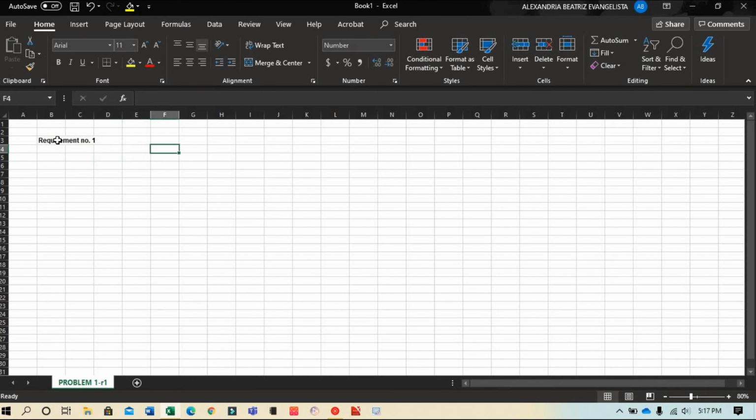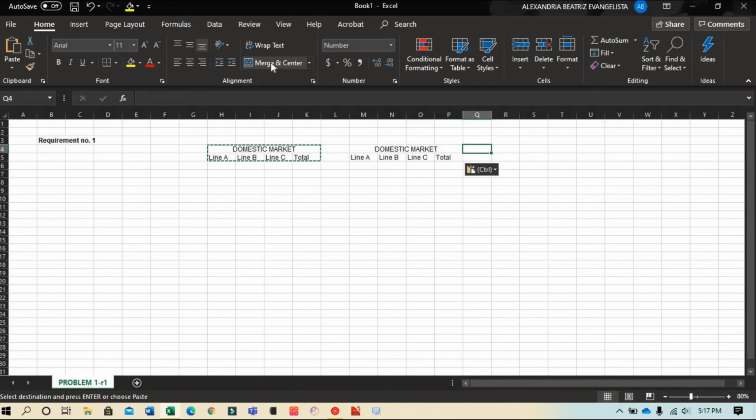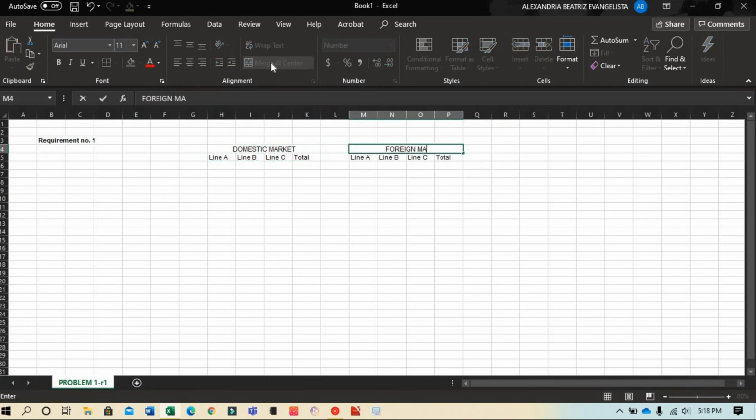First let me put in a format. This is for line A, line B, line C, and the total. Let's merge this so that it's going to be under the domestic market. Let's copy this one right here, change this to foreign market, and we're also going to input the summary.